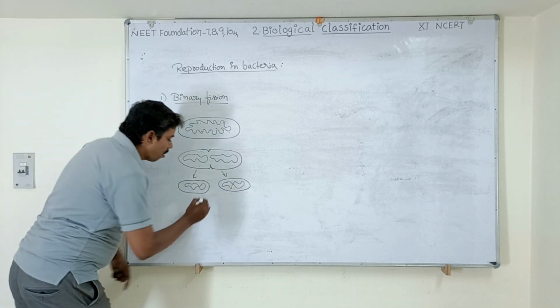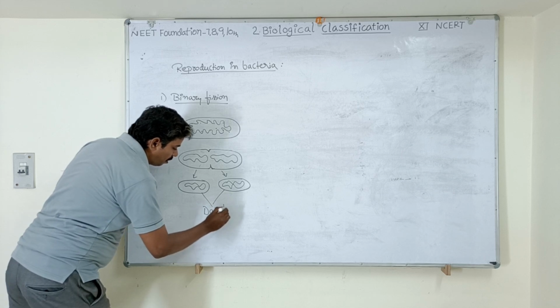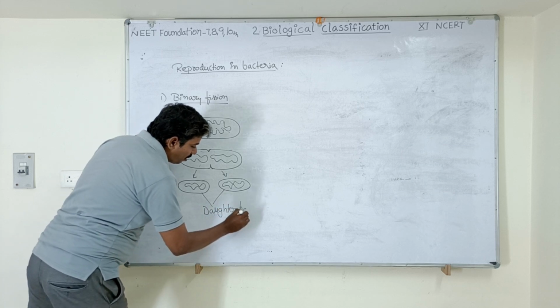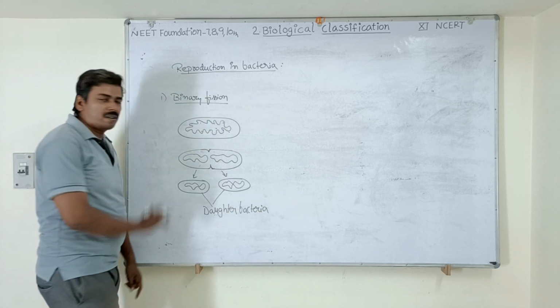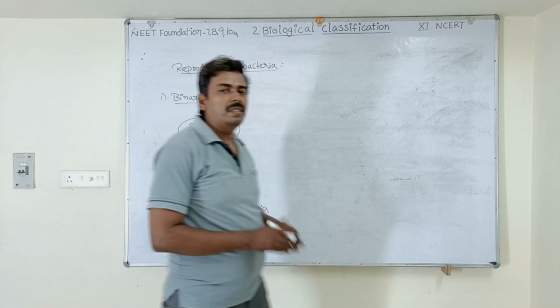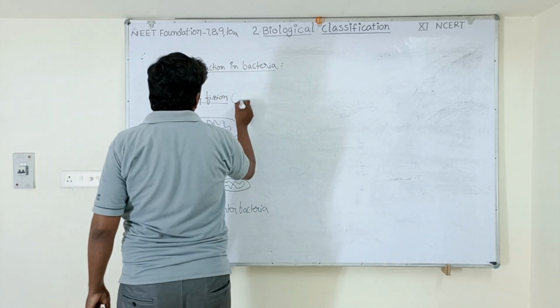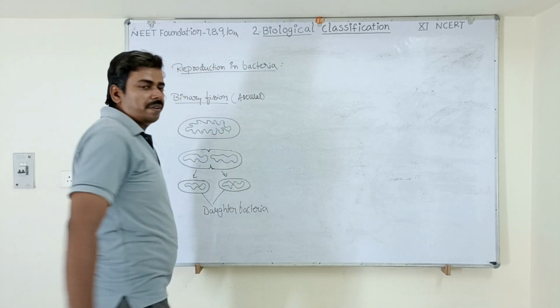These newly formed bacteria are called daughter bacteria, not son bacteria, only daughter bacteria. Understood? This is called binary fission, an asexual form of reproduction.